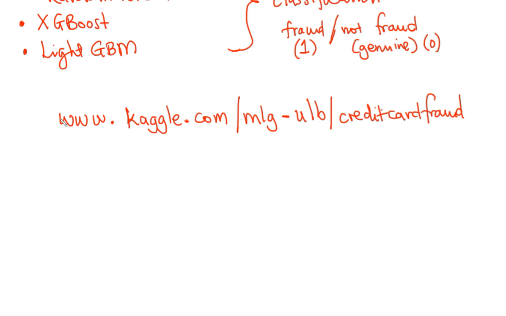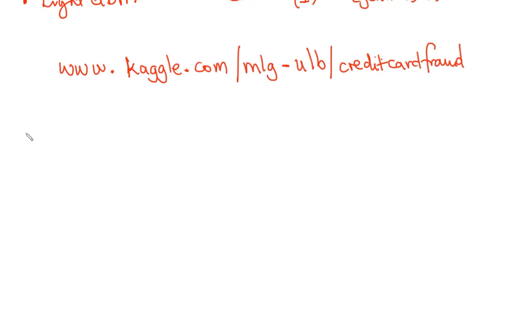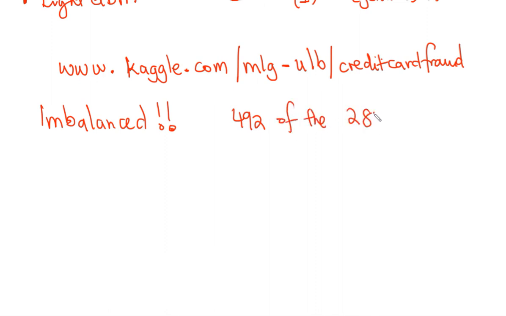When you read the description of the data, there are points that I need to highlight right now. When you are building these classifiers, we are going to work with a data set that is imbalanced. It's highly imbalanced. It's very, very imbalanced. How imbalanced? Actually, only 492 of the 284,807 transactions are fraud.